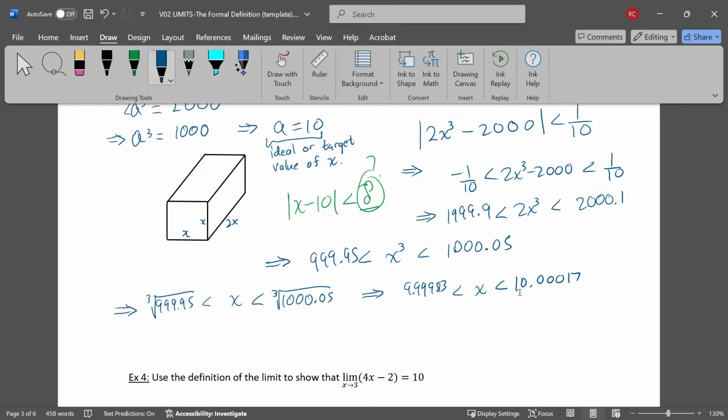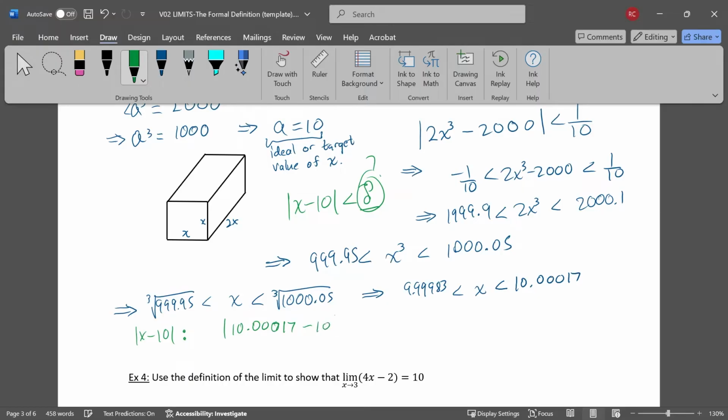It has nice symmetry. So we see that x goes out a distance that's the same in each direction. What do I mean there? I mean, if we go to actually check our absolute value of x minus a, which is x minus 10, right? What's the worst case scenario? Well, the worst case scenario for x is either endpoint here. So x could be almost, I mean, it is strictly less than this number, but it could be almost 10.00017.